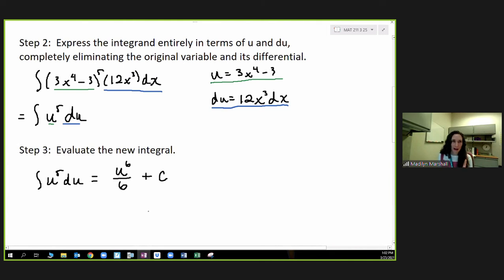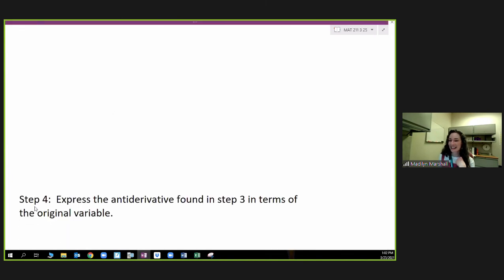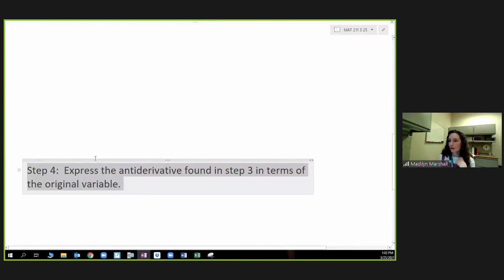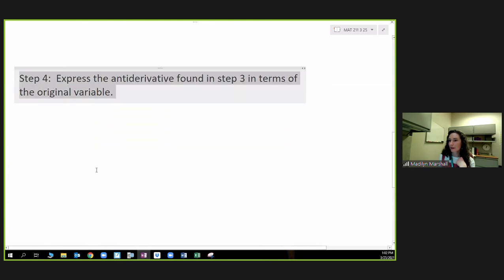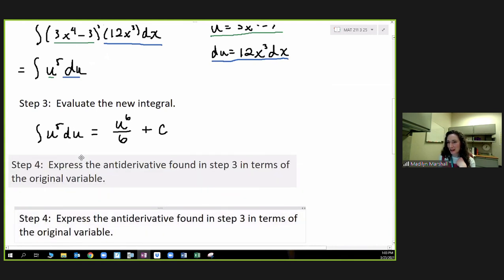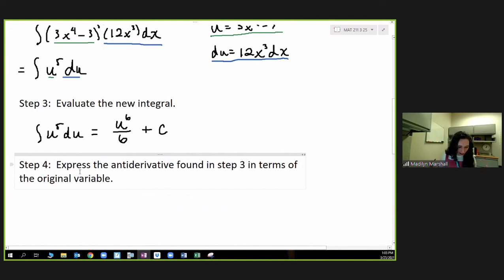And we have just one more step. So the original problem was in terms of x, so we can't have our answer just with these u's. So we need to go back. Having scroll problems. Okay. So step 4, express the antiderivative found in step 3 in terms of the original variable.